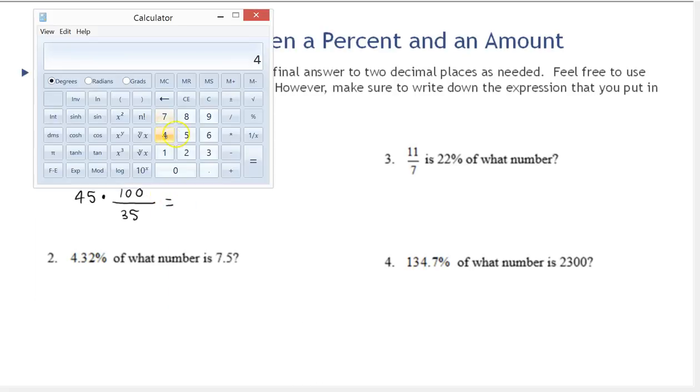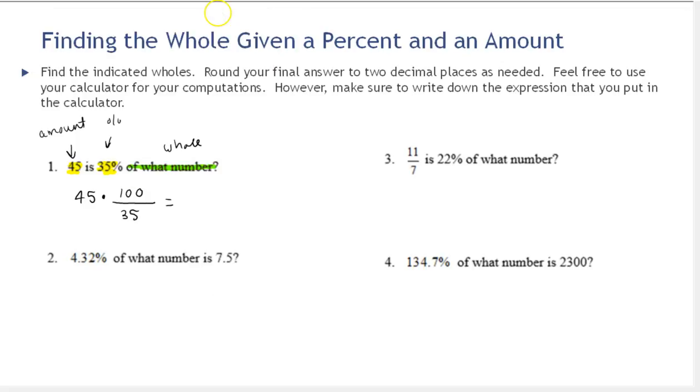So now we're going to multiply 45 times 100 divided by 35, and this gives us 128.57. And I'm going to change this to approximately equal to because we rounded.